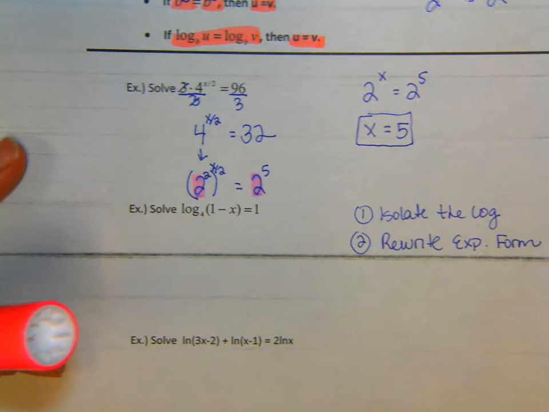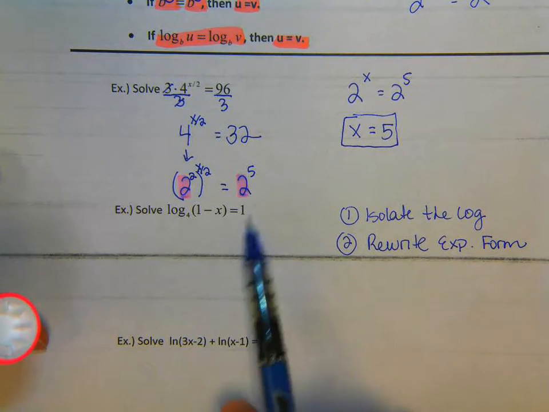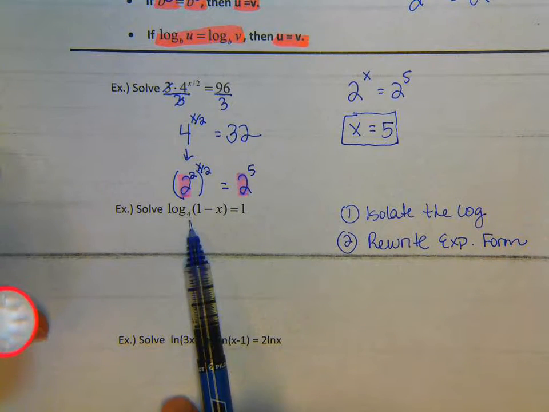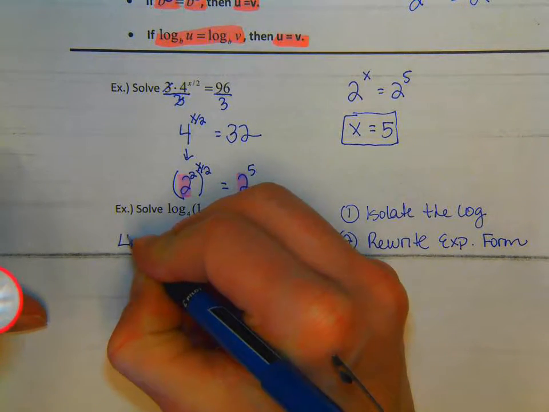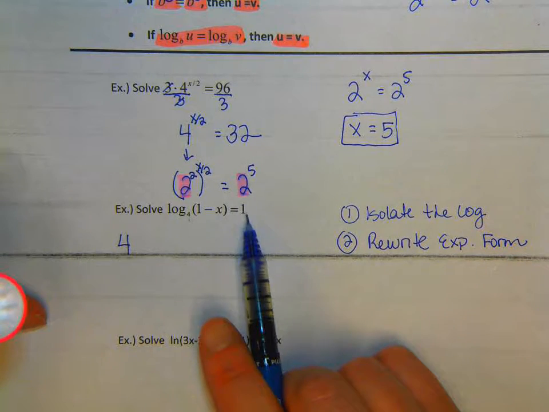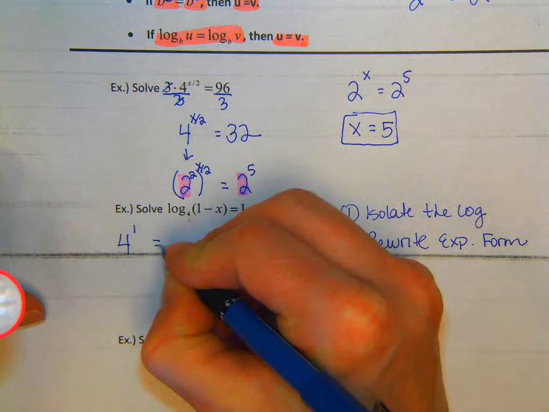So this is what I mean. This logarithm has a base of 4. So to rewrite in exponential form, I have 4. The exponent is on the other side of the equal sign, so 2 to the 1st equals 1 minus x.